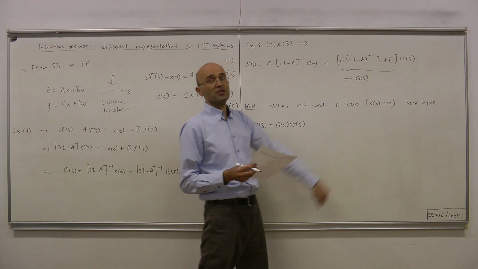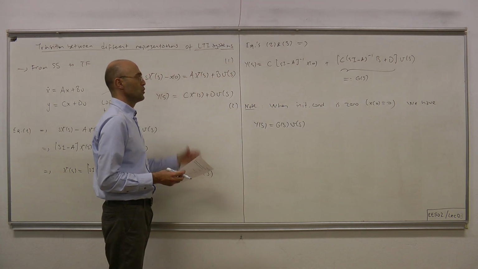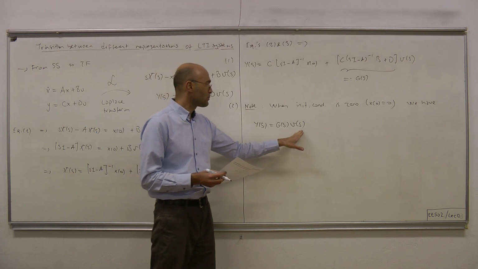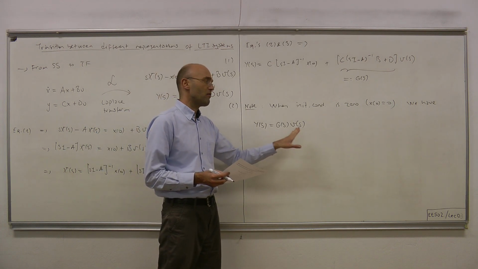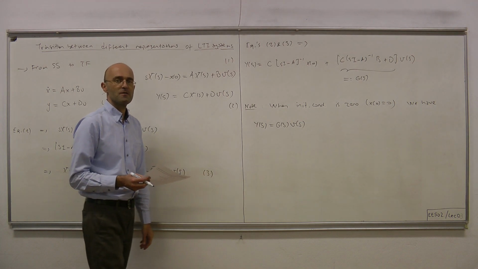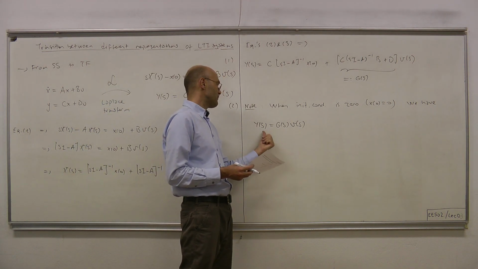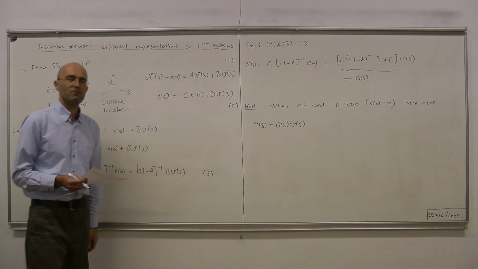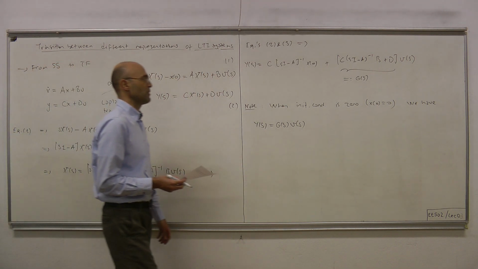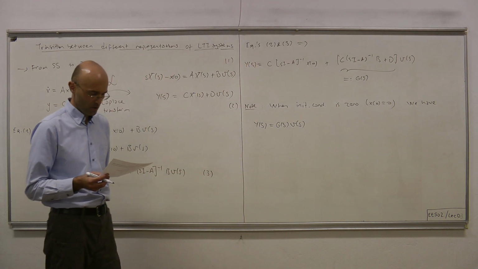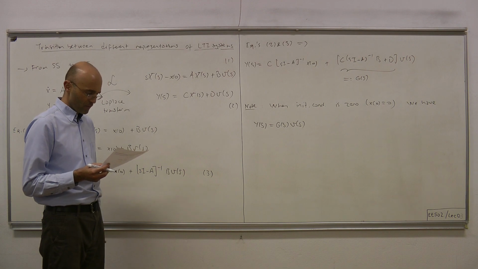If you know the transfer function of the system, you can figure out the output for a given input by multiplying the Laplace transform of the input with the transfer function, and then taking the inverse Laplace transform of that product. That will give you y of t. That will be the zero state response, because we take the initial conditions of our system to be 0.